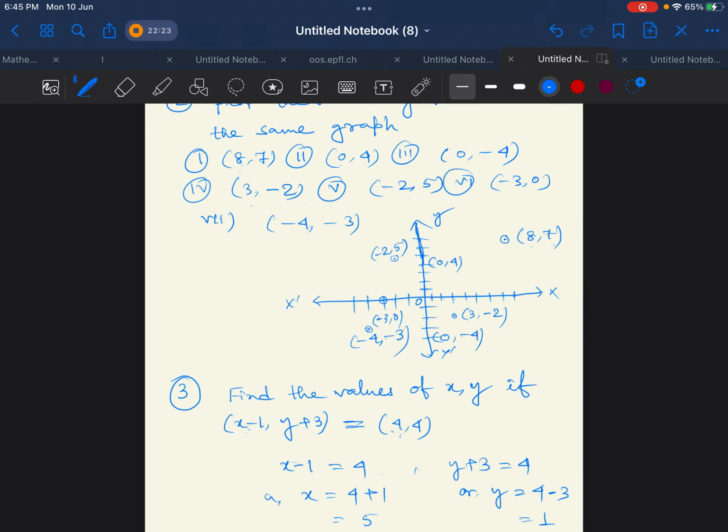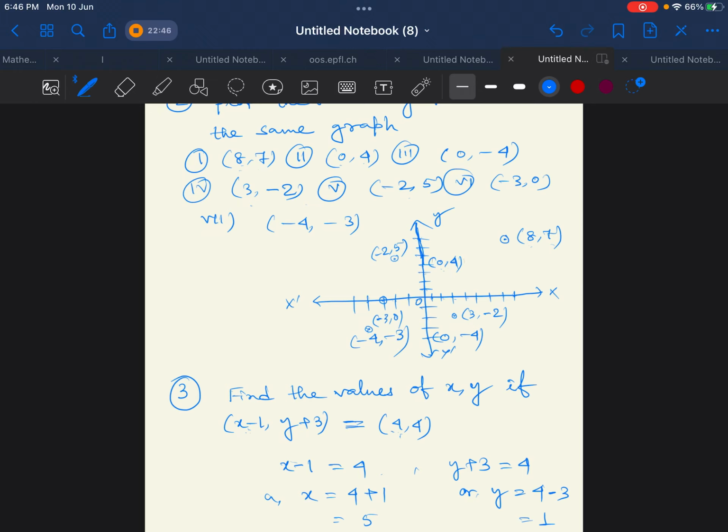Second point 0, 4. So, along y-axis the value of x is always 0. Okay, so we take only the value of y.